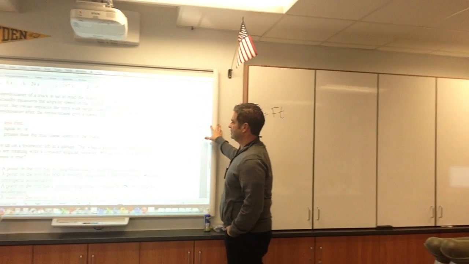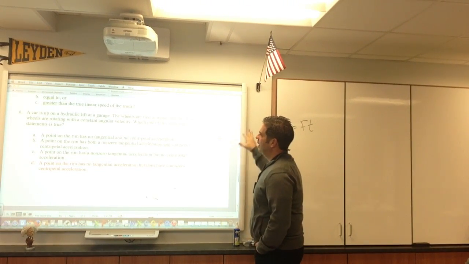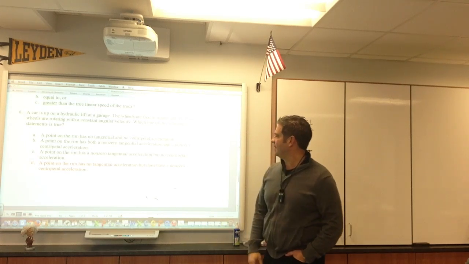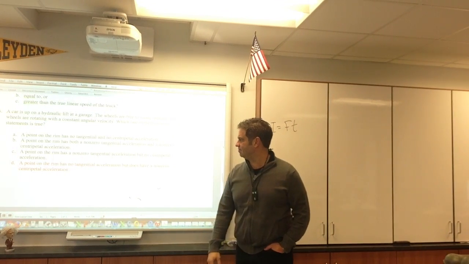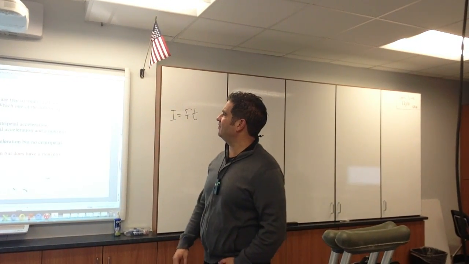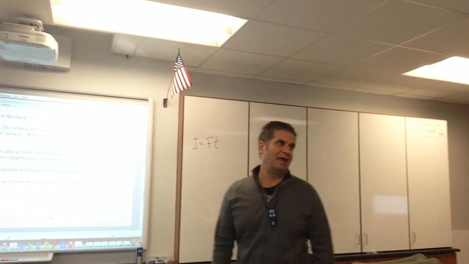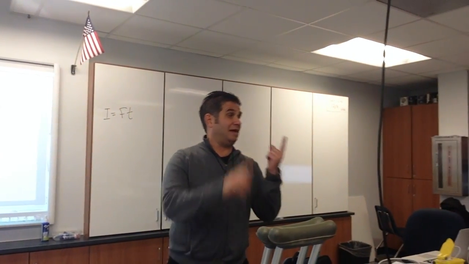Number 6, which one of the following statements is true? Answer there is D, no tangential but a non-zero centripetal. That's for the wheels rotating with a constant angular velocity. Again, picking on a couple of things.